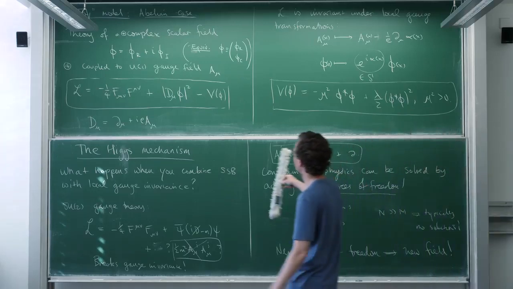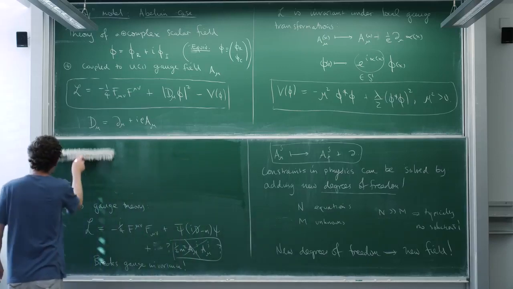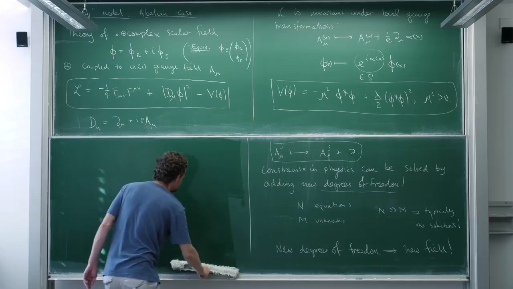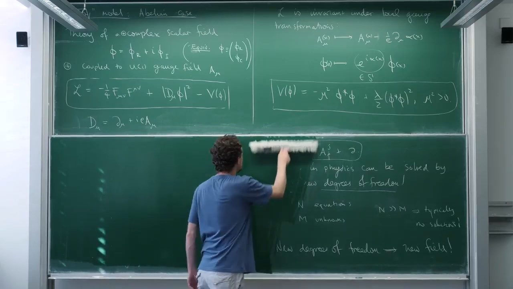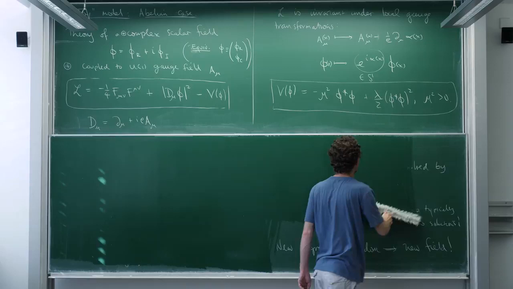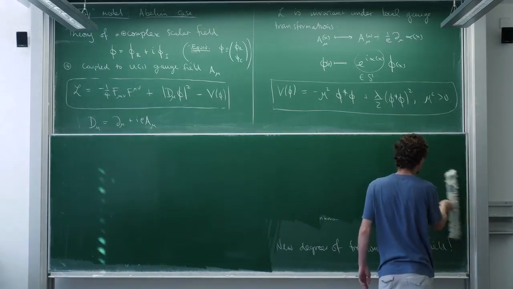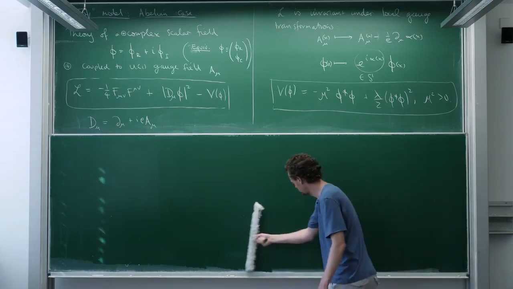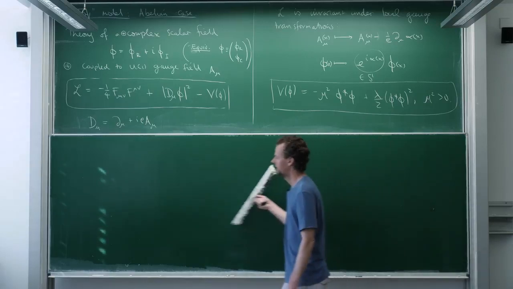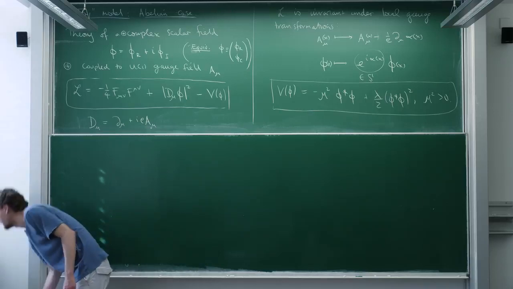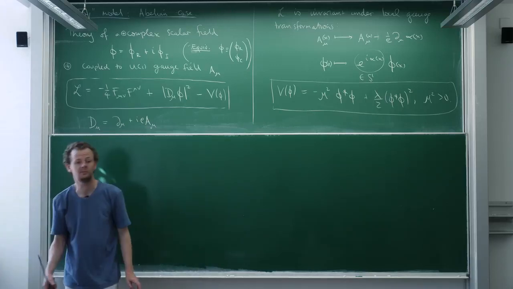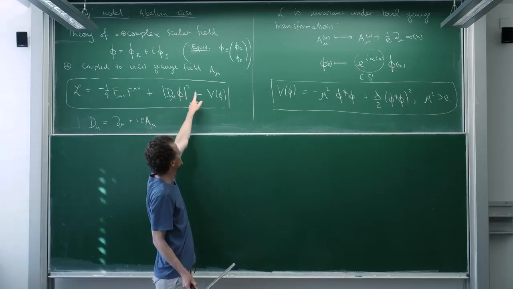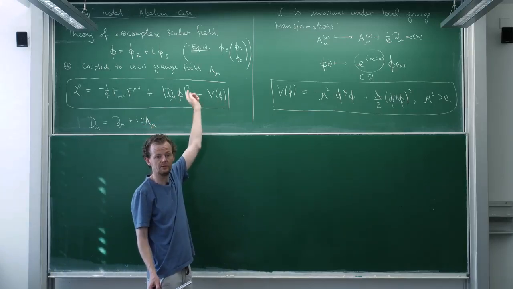So, the way we're going to analyze this theory is precisely the same way as we've analyzed spontaneous symmetry breaking in the previous lecture. We're going to find a classical configuration which minimizes the Hamiltonian for this theory.